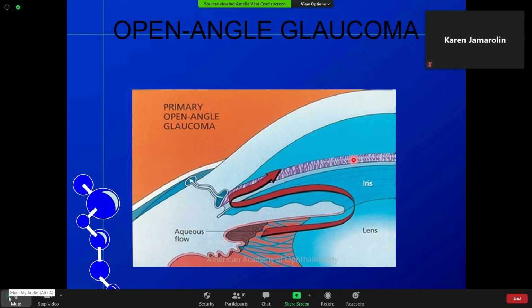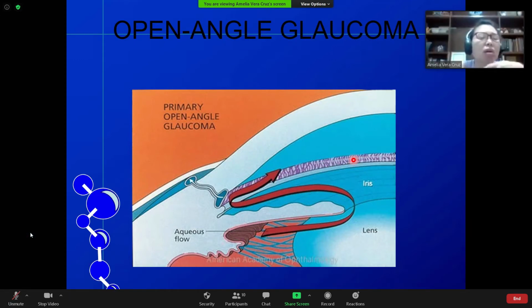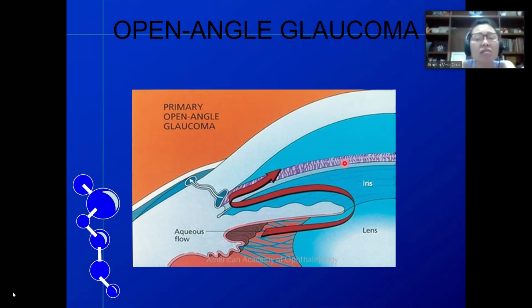Sige. Next. Or, in certain conditions, in mga cancers, mga metastatic, may mga cells dyan, ha? In uveitis, na may mga white blood cells dyan, anything that will block that one. But in open angle glaucoma, now primary, usually the angle is open, the trabecular meshwork is open, yet the drainage is still not good.